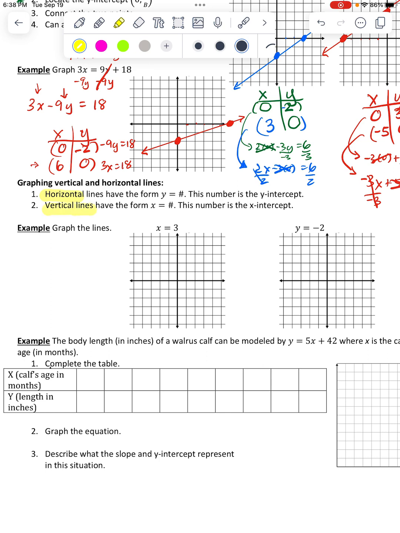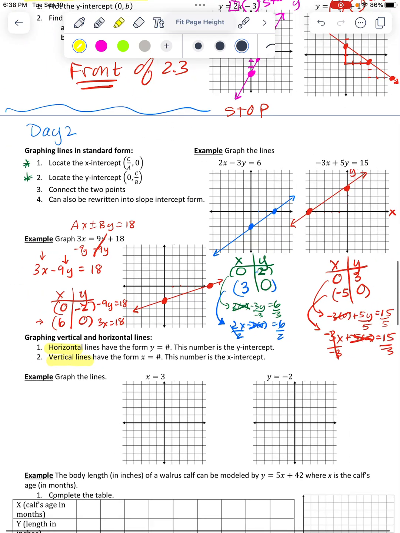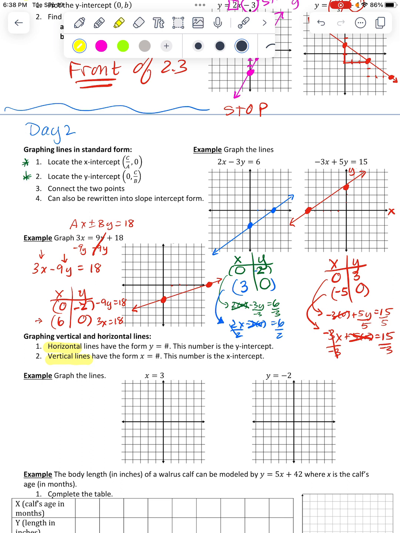One thing I always tell kids is whatever axes the line crosses, those are the letters you'll see in the equation. So like this crosses both x and y, there's an x and y in the equation. This crosses x and y, there's an x and y in the equation. Same here, crosses x, crosses y, I've got both in my equation.